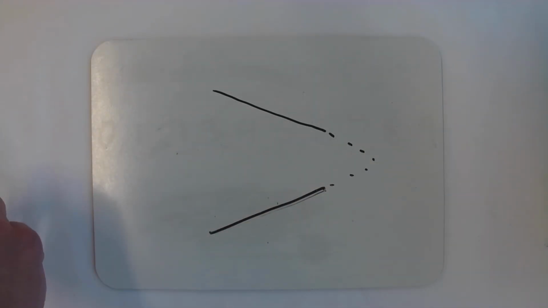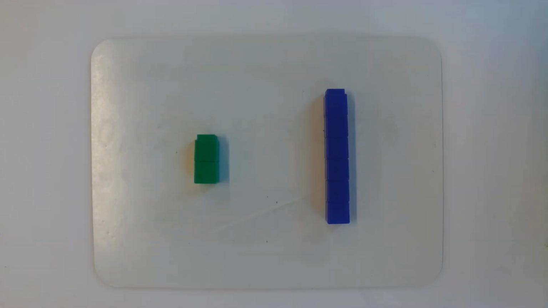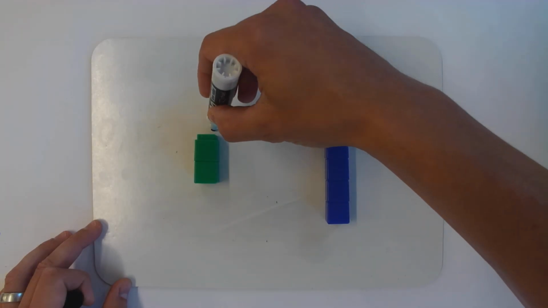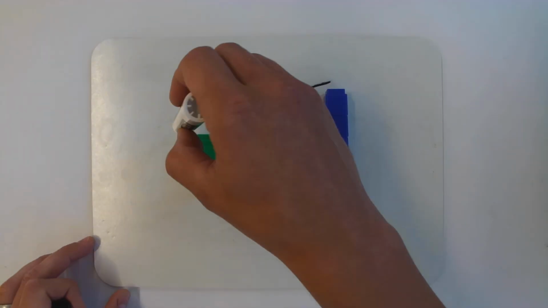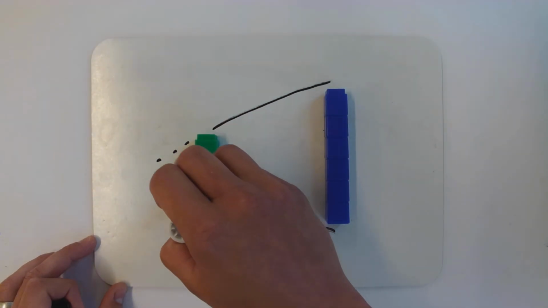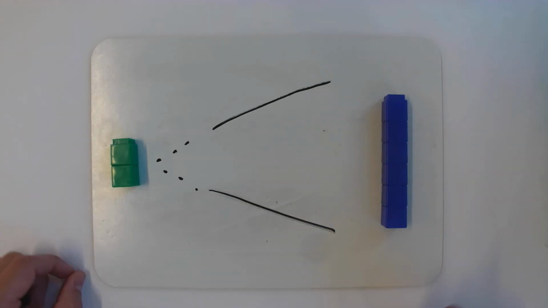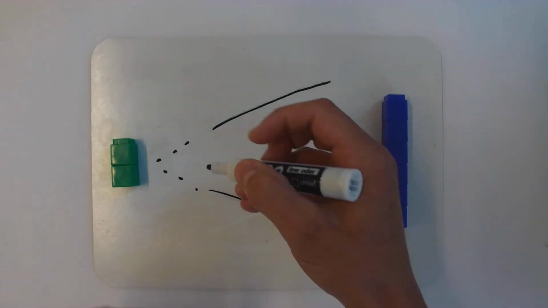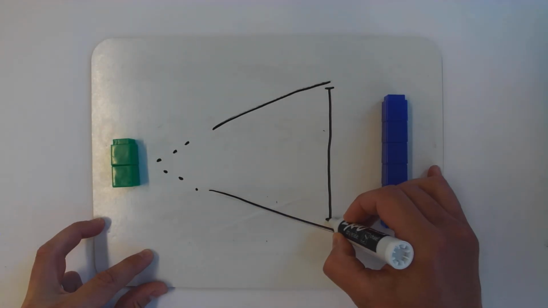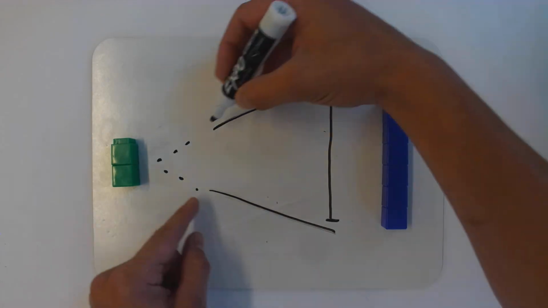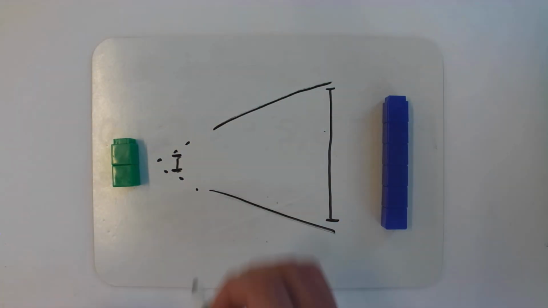If we were to switch these around, with 2 on the left and 6 on the right, we can use this same strategy. Continuing this, we have 2 is less than 6. What we're trying to highlight is that the distance between those two lines in the symbol will always open up toward the larger quantity.